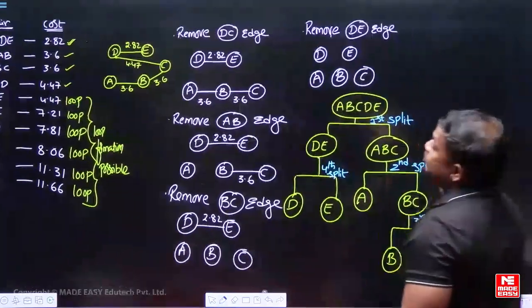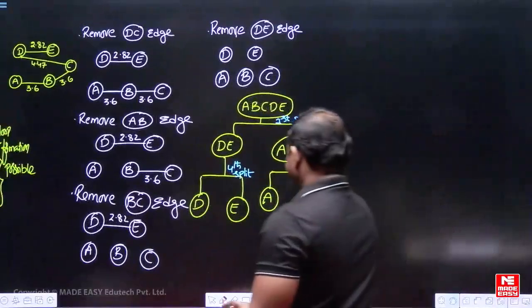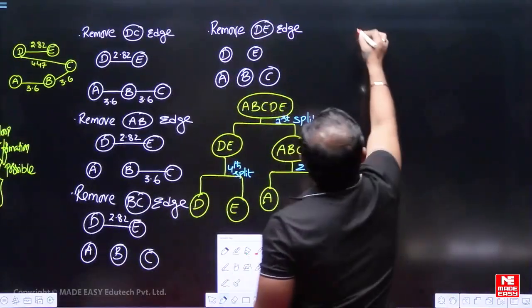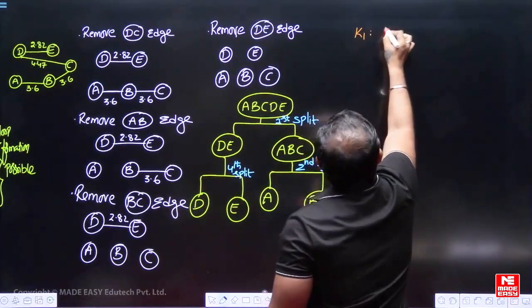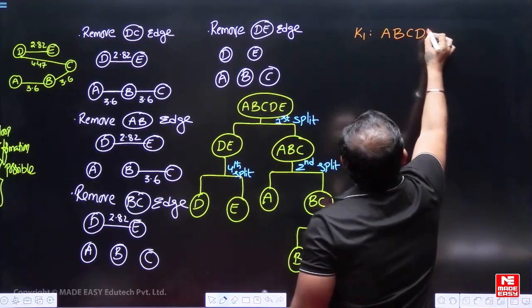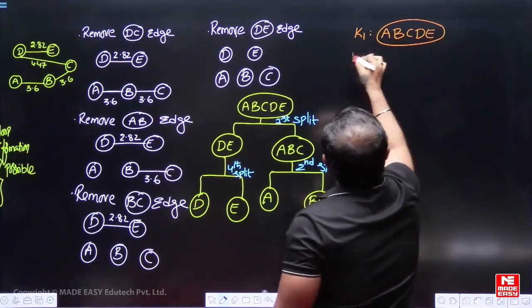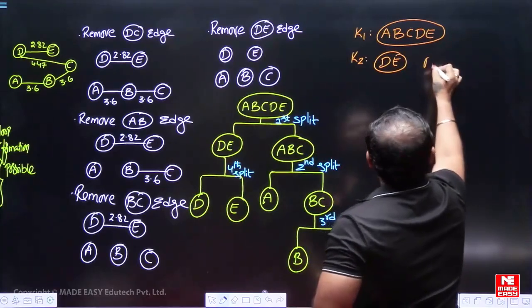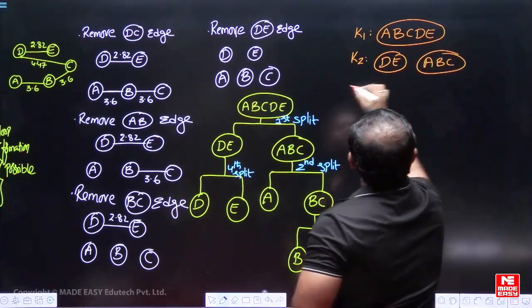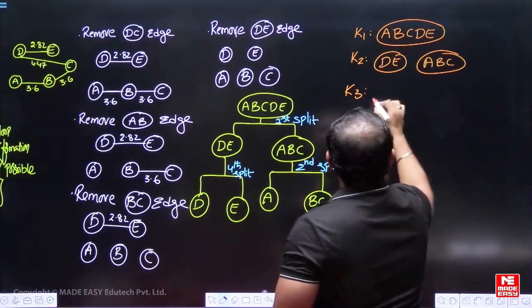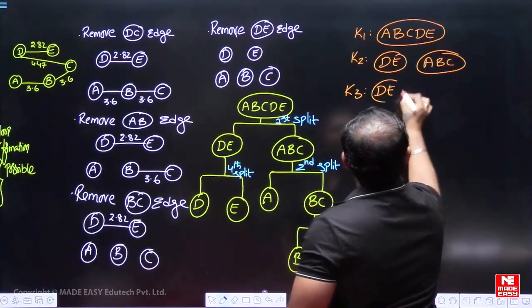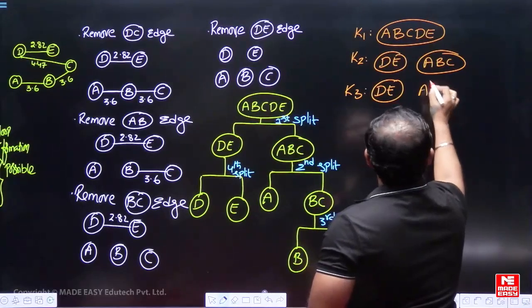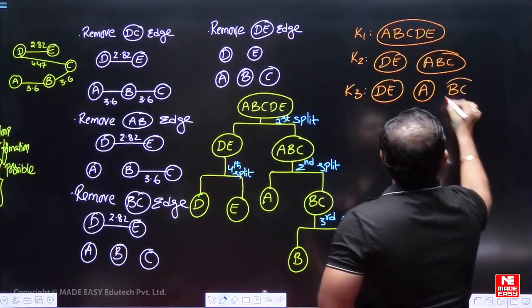Right? So now see the cluster 1. What is K1? K1 is major cluster A, B, C, D, E. Then next split is DE is one cluster, ABC is another cluster. Then K3, DE is one cluster, and A is one cluster, BC is one cluster.